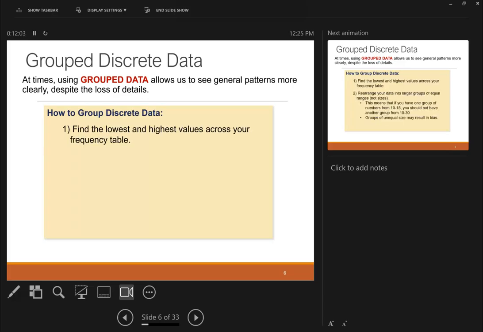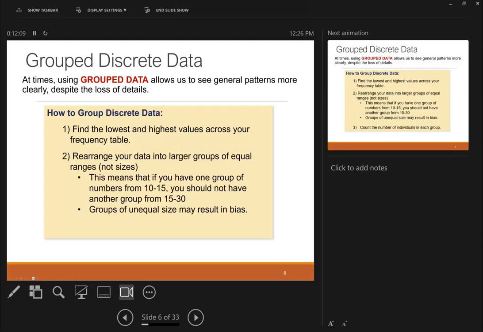In general, to do this grouping, you find your highest and lowest values. You arrange your data into groups of equal ranges, not so that they have the same number of items in the group, but so that the range of values is the same size.